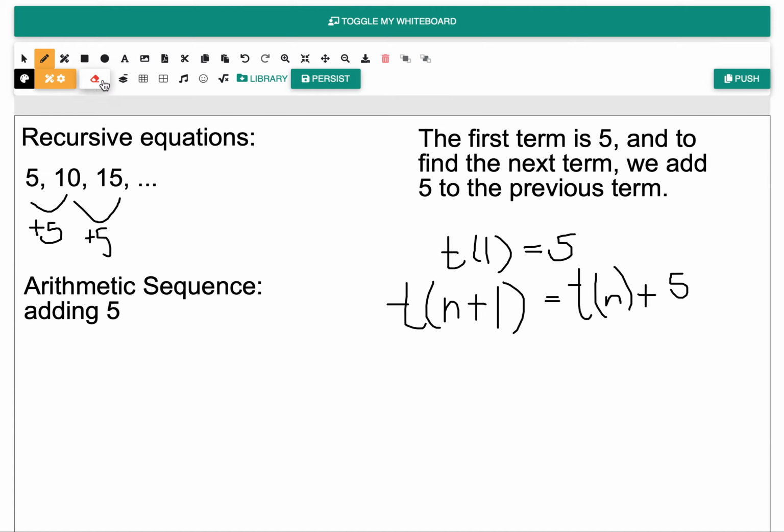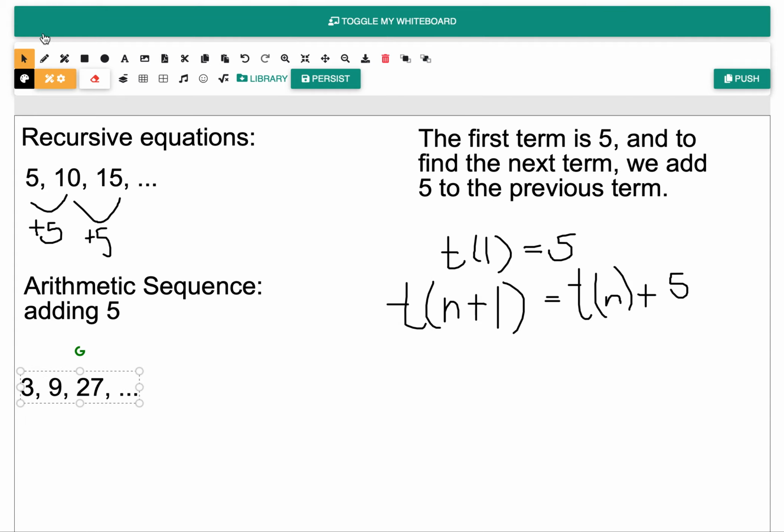But what about if we have a geometric sequence? So let's go ahead and do a geometric sequence next. So let's say I have 3, 9, 27, and so on and so forth, right? So now we have a different sequence.